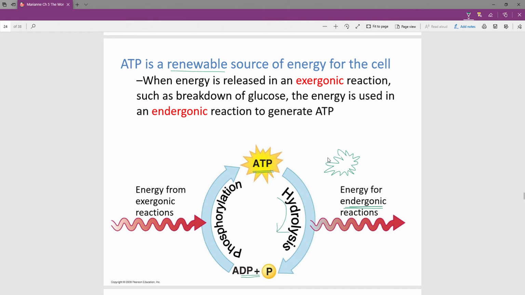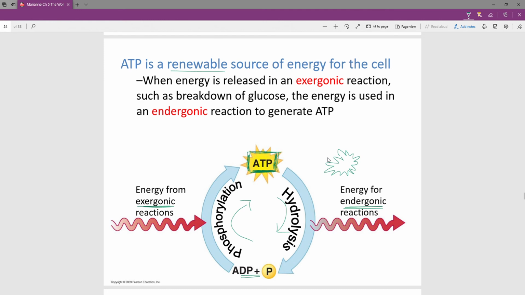Well, if we were to recharge that ADP and phosphorylate it, put 1 phosphate back on, we can do that if we have reactions in the cell that release energy. So it releases energy to put that phosphate back on the ADP and recharge our source of ATP.